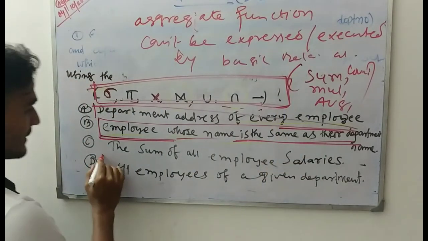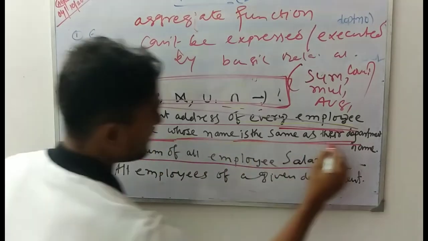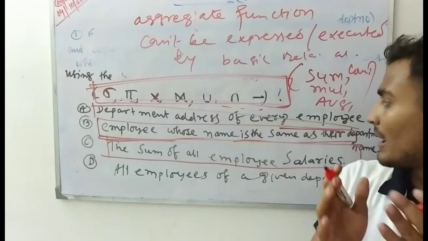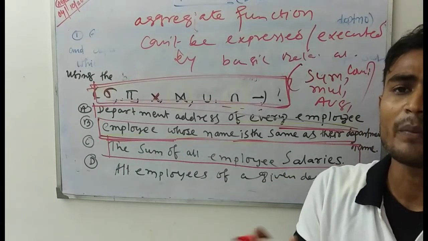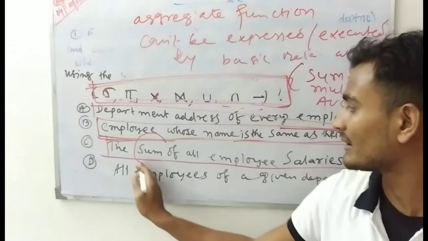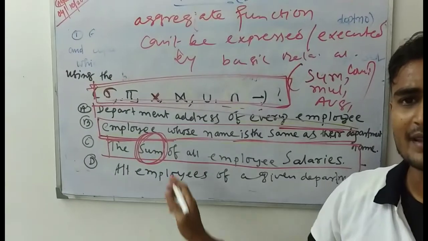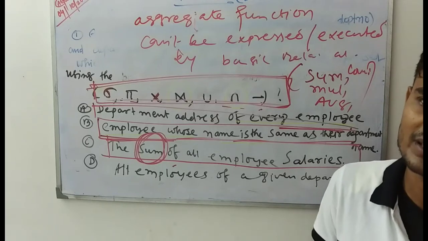Next, the sum of all employee salaries. This query finds the sum of employee salaries. Point to be noted: the term sum is an aggregate function. Why is sum an aggregate function?